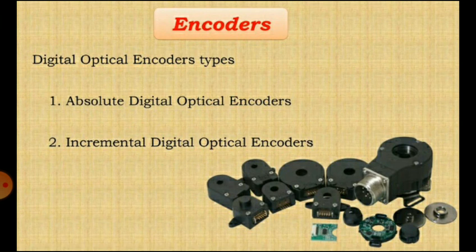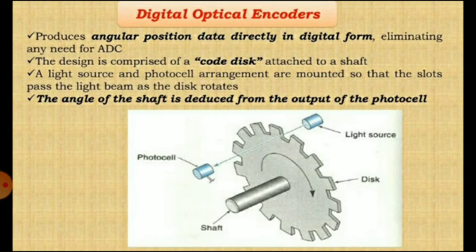Now, the next type of displacement transducer is the optical encoder. There are two types: absolute digital optical encoders and incremental digital optical encoders. An encoder is a device that provides a digital output as a result of linear or angular displacement.